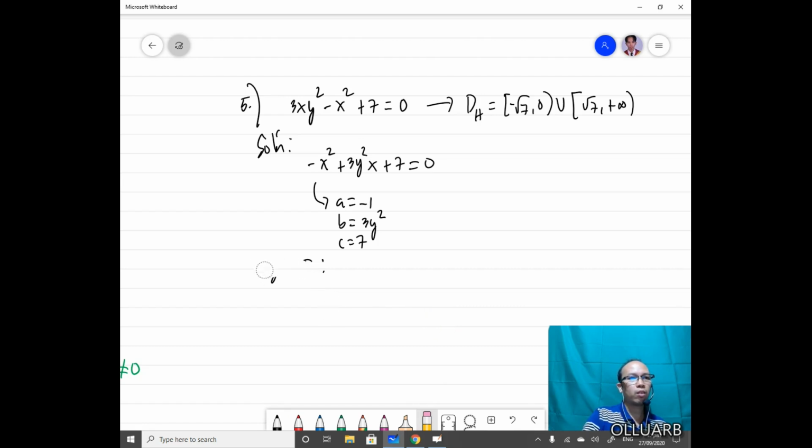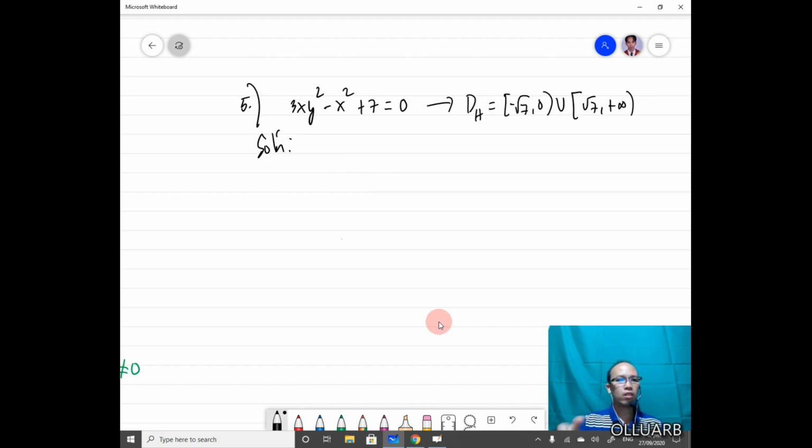I thought we were going to find, let's erase this one. Sorry for that one. Okay, so we have to write it this way: 3xy squared is equal to x squared.